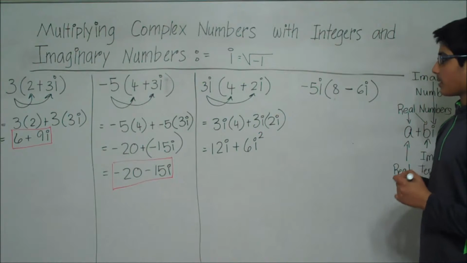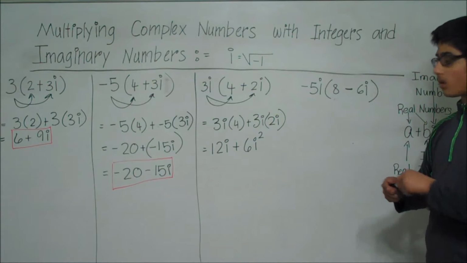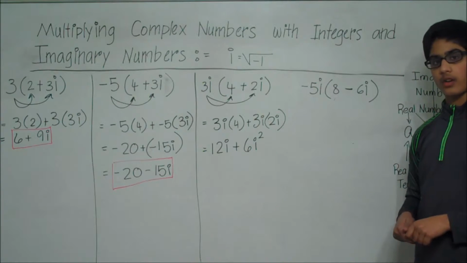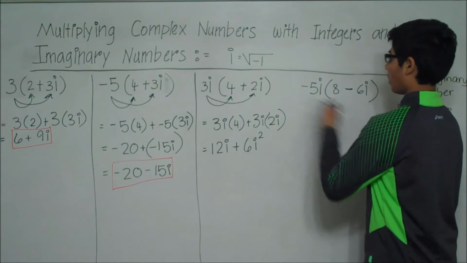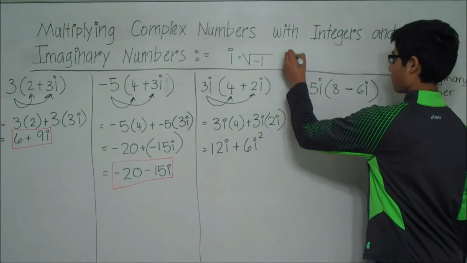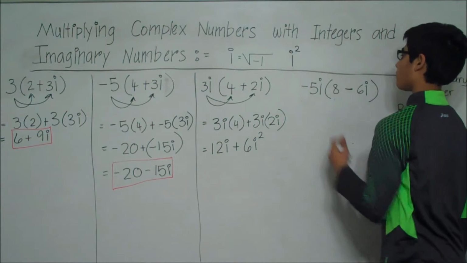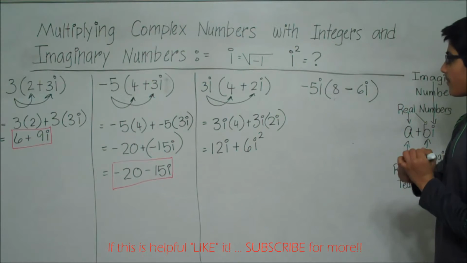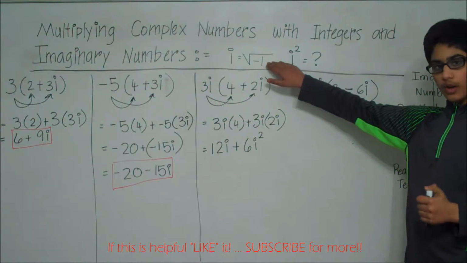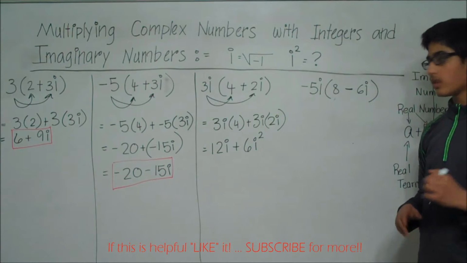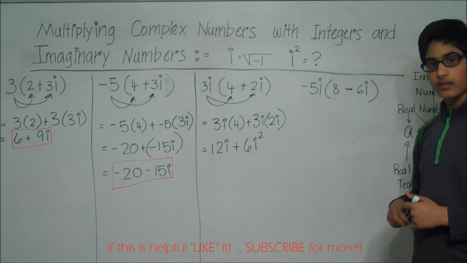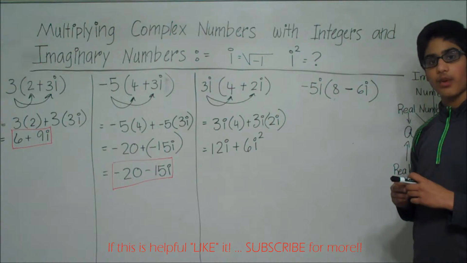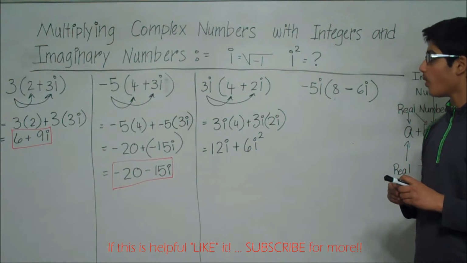Now, let's think about something for a second. We know that i is equal to the square root of negative 1. So, what would i squared be? The square root of negative 1 times the square root of negative 1 would be negative 1.